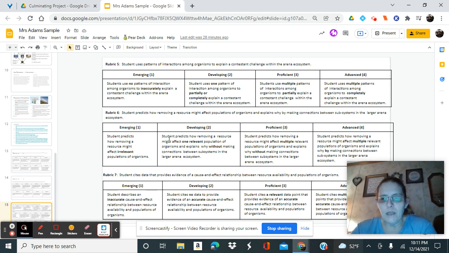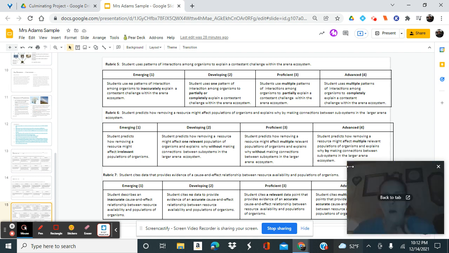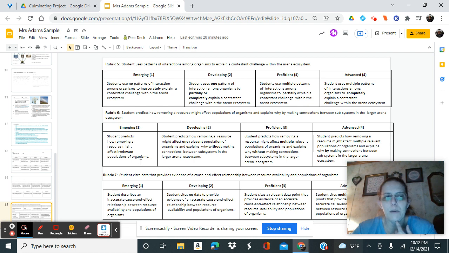When we did task 5, we talked about removing key resources and how that is going to affect the things in that ecosystem. So that's basically what the last couple of slides are about. Depending on how many you include is going to depend on the score that you receive.